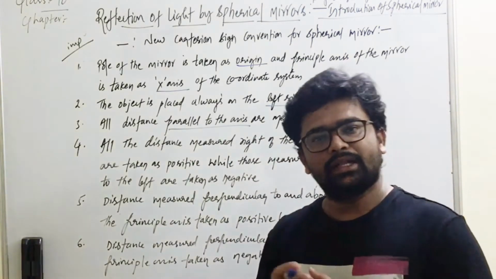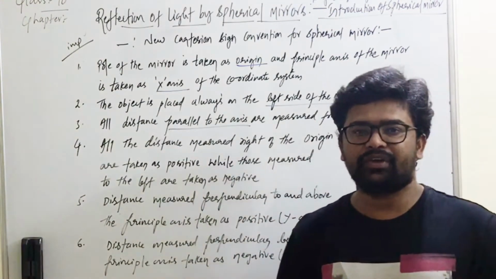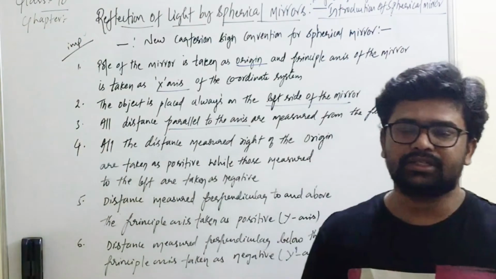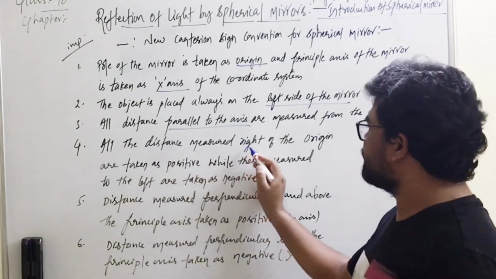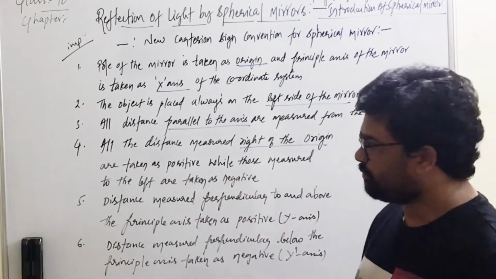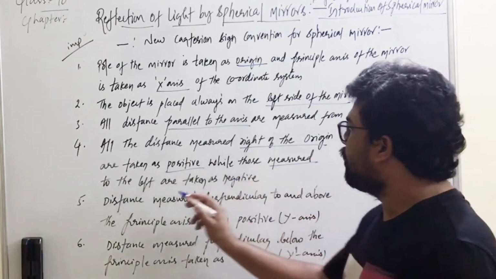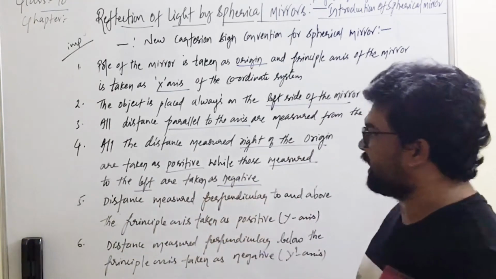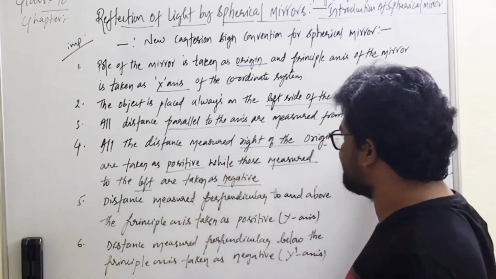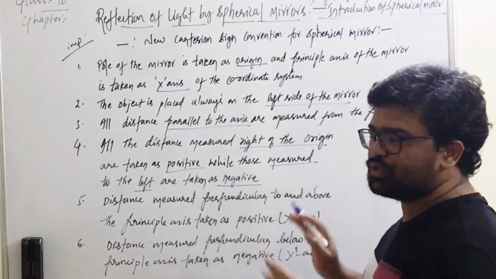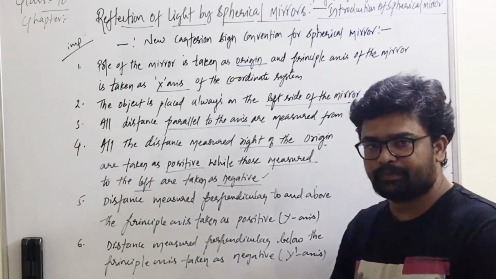That is, object distance, image distance, focal length and radius of curvature should all be measured from the pole. All distances measured to the right of the origin are taken as positive, while those measured on the left are taken as negative, which is a very important point.